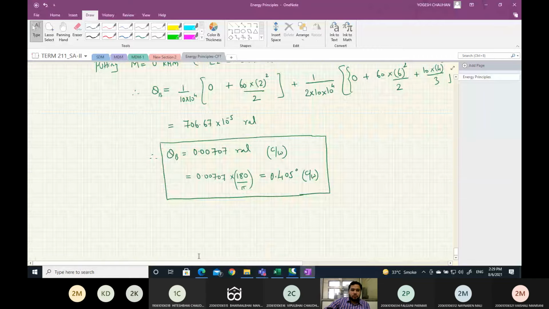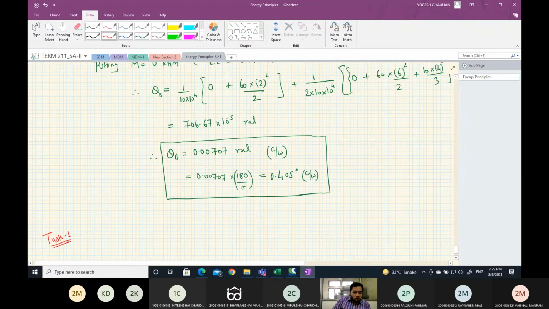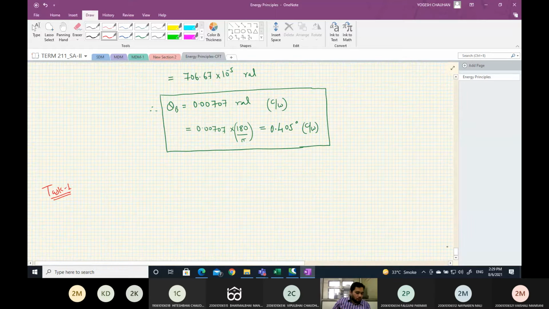Now there is a task for you. Find slope and deflection at point C of example 1.